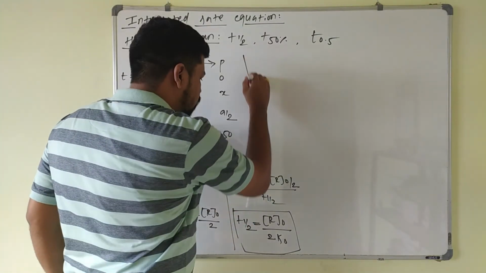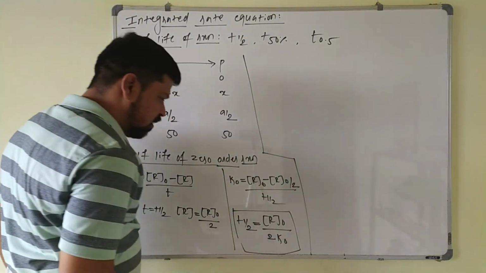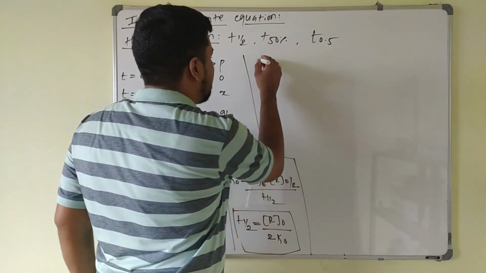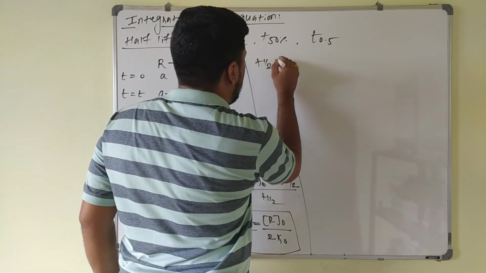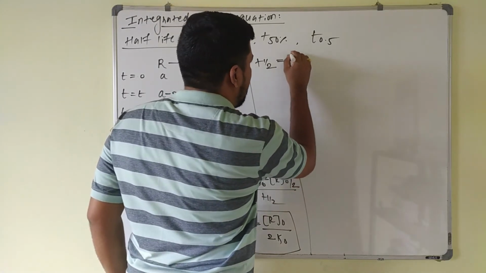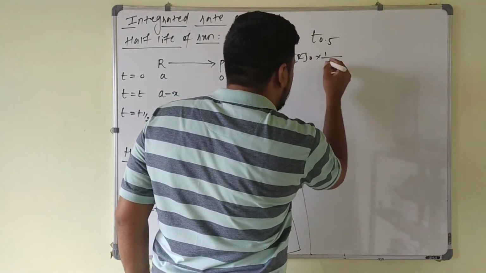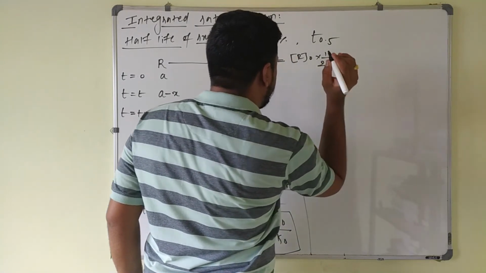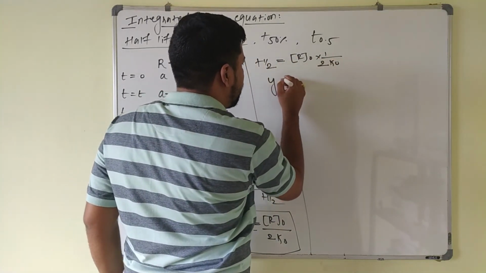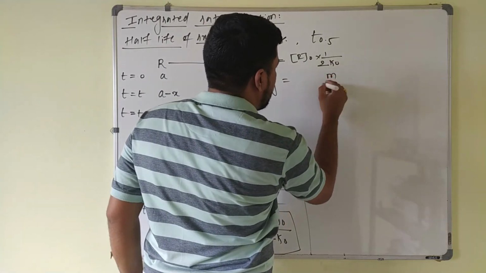Now if you go for the graph here, this equation I will write as t half is equal to R naught into 1 by 2 into k naught. This is in the form of y is equal to mx.